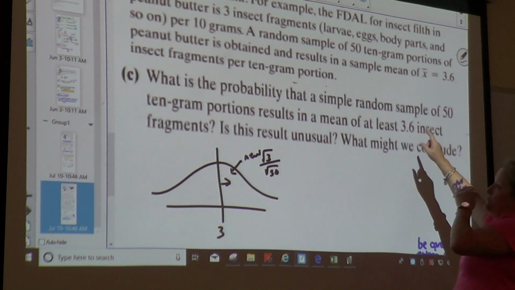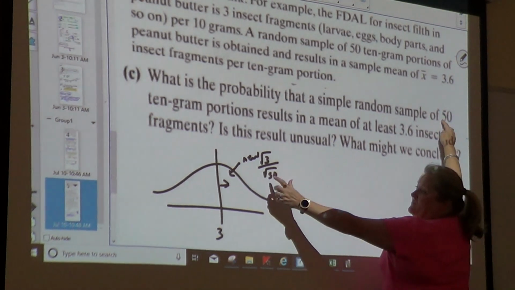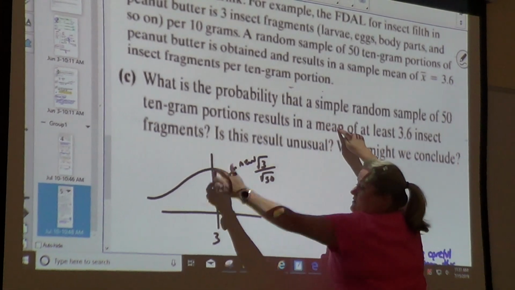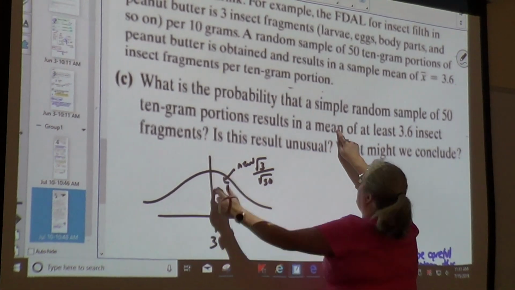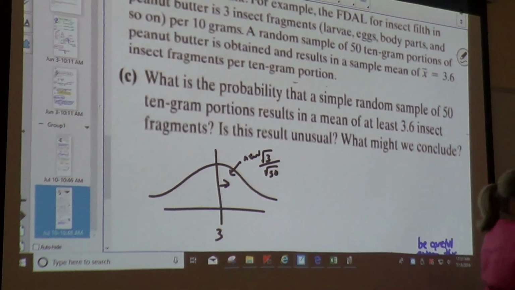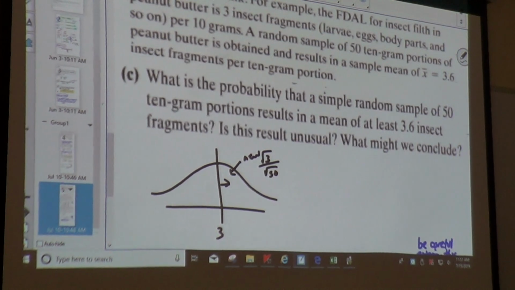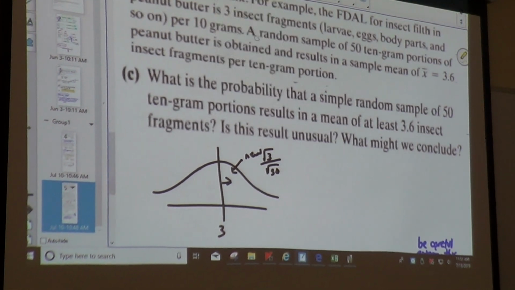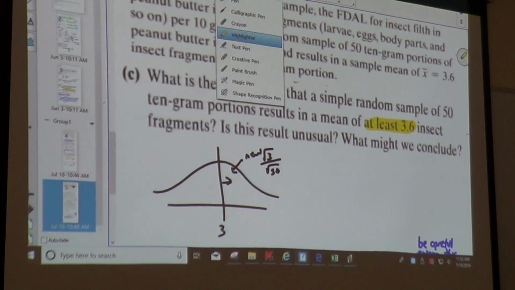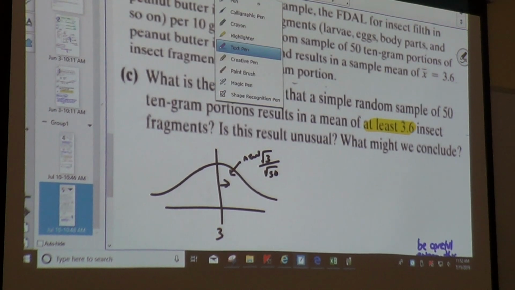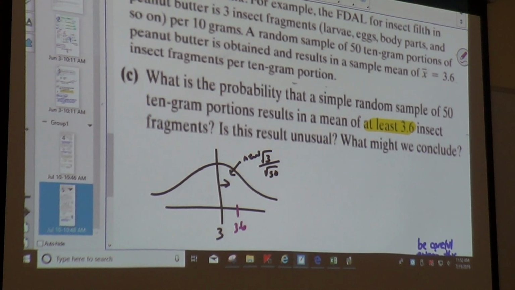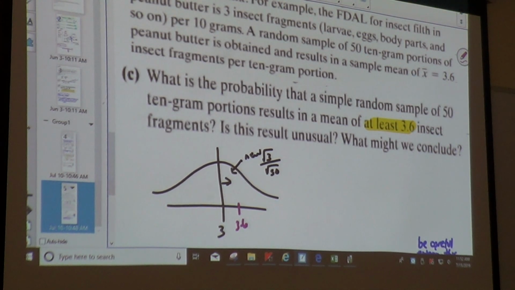Now, the random sample of 50 we've taken care of there. The mean, we said the mean is the mean is the mean. At least 3.6. This is where a lot of y'all are screwing up. Most of you knew that 3.6 was your data point, your sample of means.